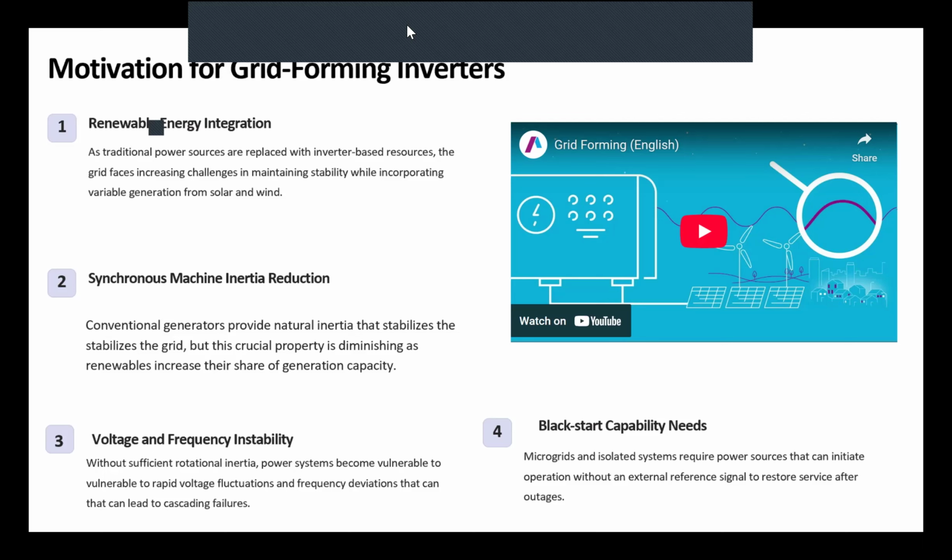Black start means activating, injecting power when the grid is fully down. Another way to define that: in a regular condition, your grid is working. You want to connect to already existing dynamics.